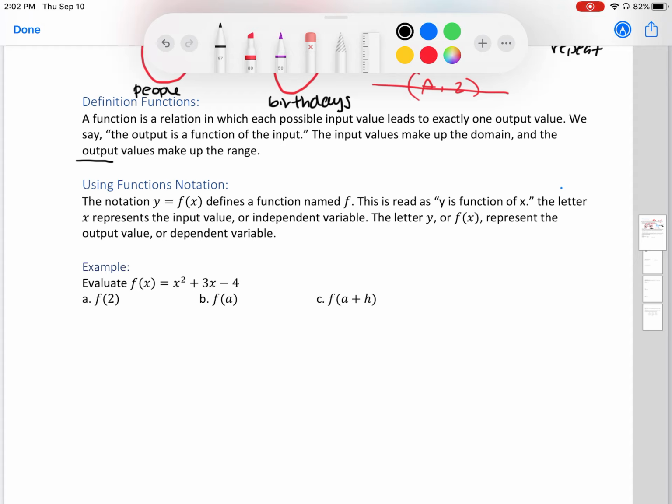Using function notation, the notation y equals f of x defines a function named f, because we see an f right there. This is read as y is a function of x, f of x. The letter x represents the input value, or independent variable, and the letter y, or f of x, represents the output value, or the dependent variable.